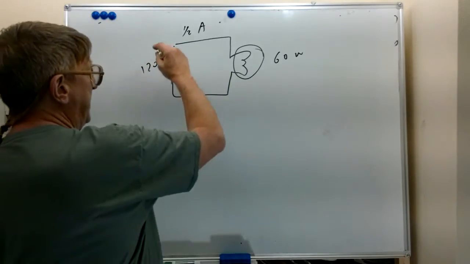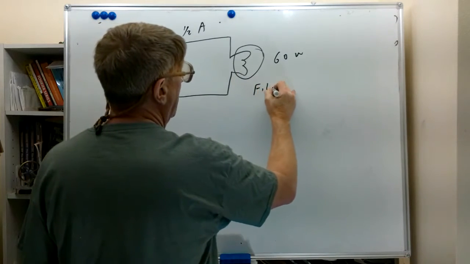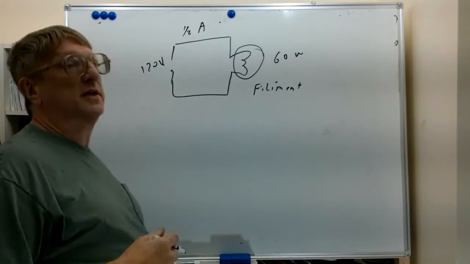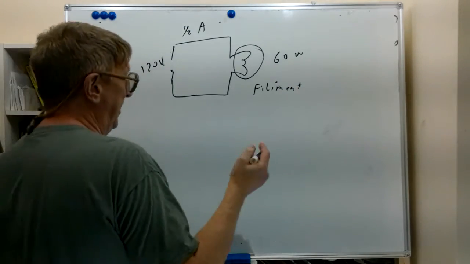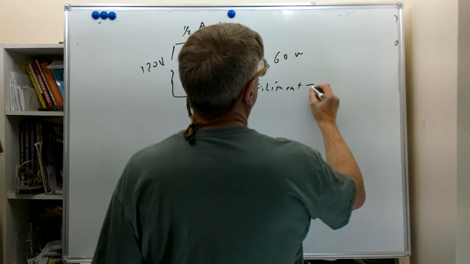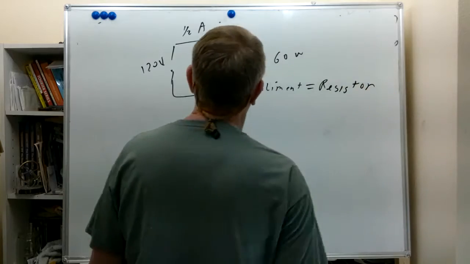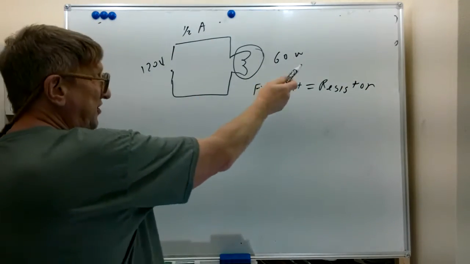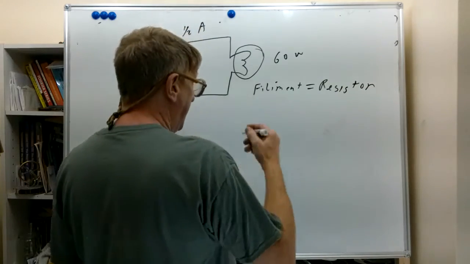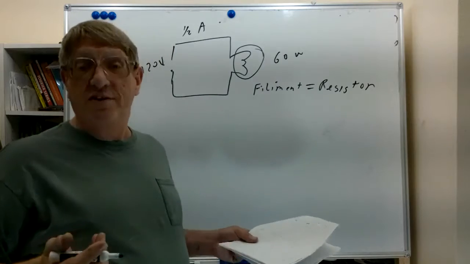What that energy is doing, the filament, we're talking about an incandescent bulb. We do a lot of things with LEDs and stuff nowadays for more efficiency, but that's essentially a resistor. So this 60 watts of energy here is being used to heat that filament. The hot filament glows and gives off light.